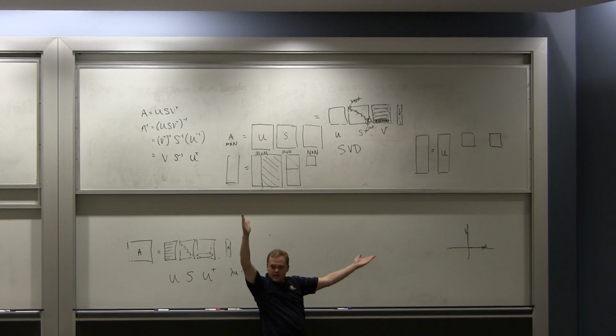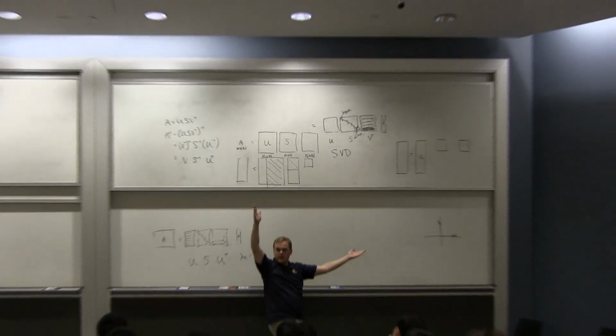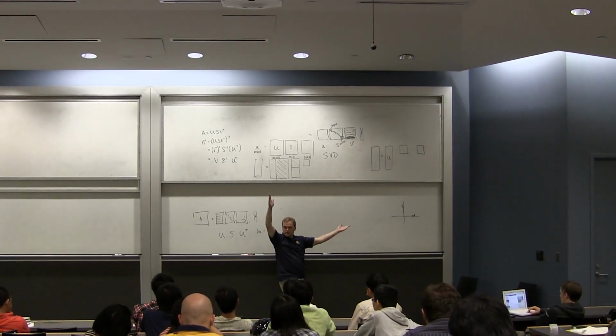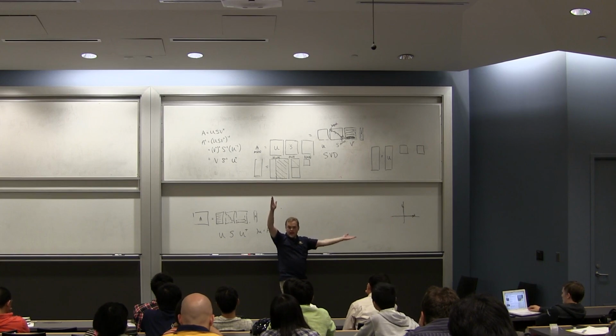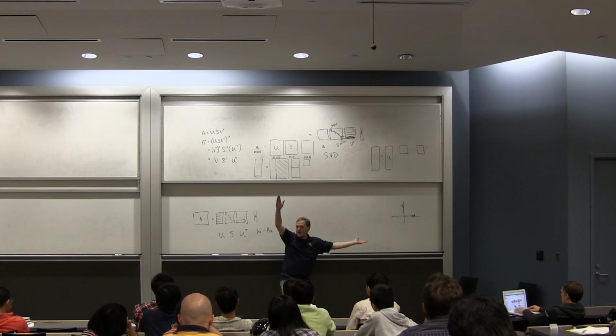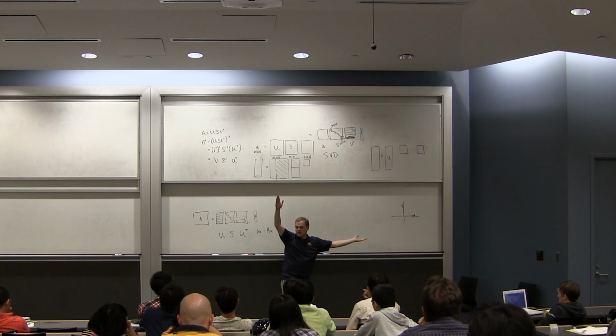How can I describe what's going to happen to this vector? Keeping in mind this is all linear. Multiplication is linear. So I could project the vector that I'm asking about onto this vector and ask what's going to happen to a vector of that magnitude, that projection onto this vector.